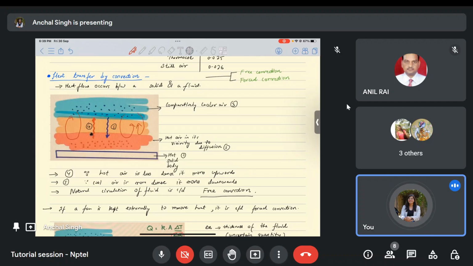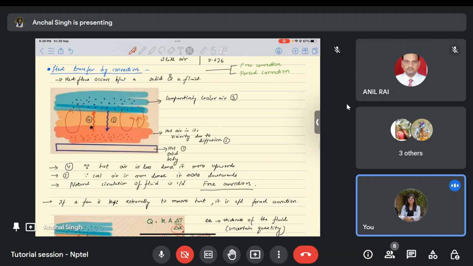These currents lead to the natural flow of air and help cool this hot body, because the moment the hot air is replaced by cold air, higher diffusion happens, it becomes hot again, and this process keeps going until the hot body reaches the ambient temperature. That is the condition when equilibrium is attained.